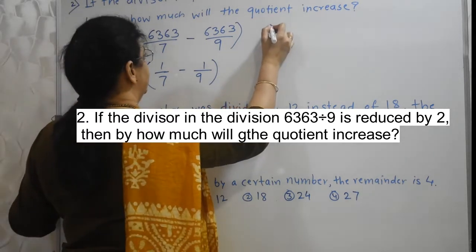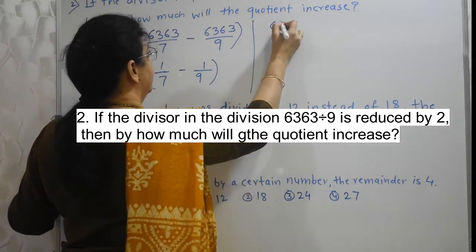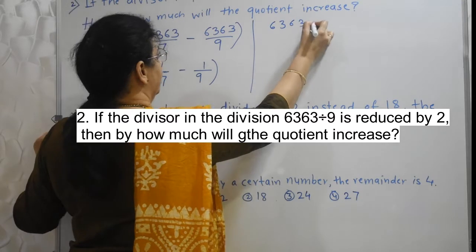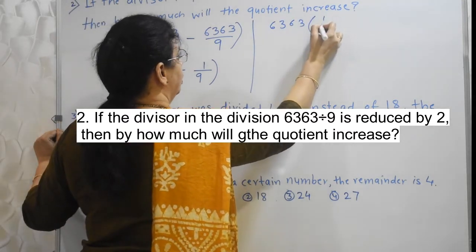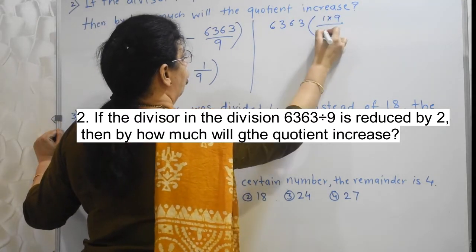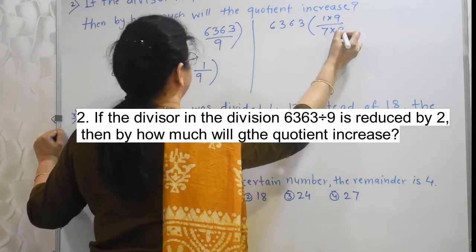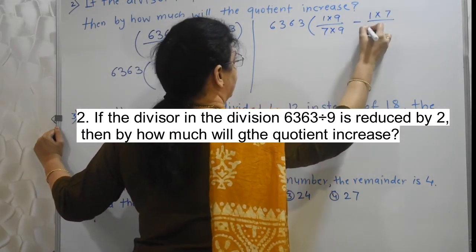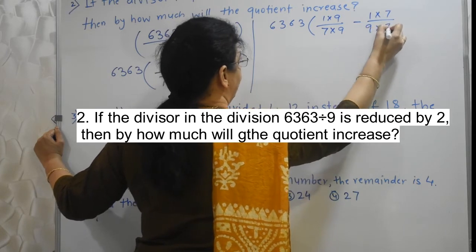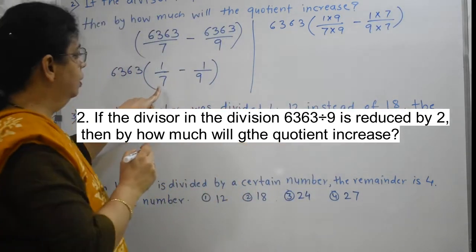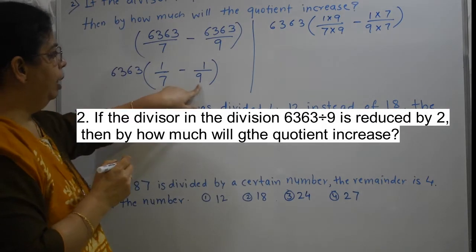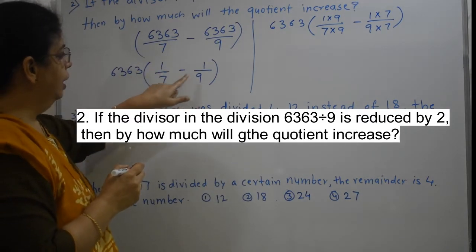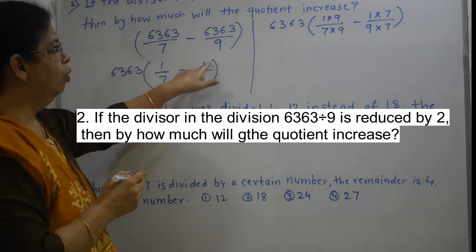So what I am going to do? See, 6363 I am writing here, 6363 bracket 1 into 9 upon 7 into 9, minus 1 into 7 upon 9 into 7. What did I do? 7 I multiplied by 9 on both the sides. 9 I multiplied by 7 on both the sides.